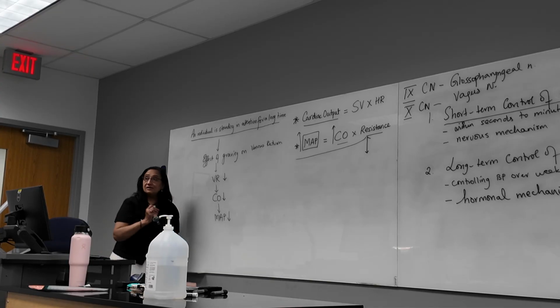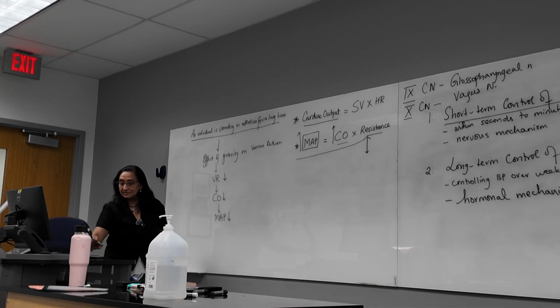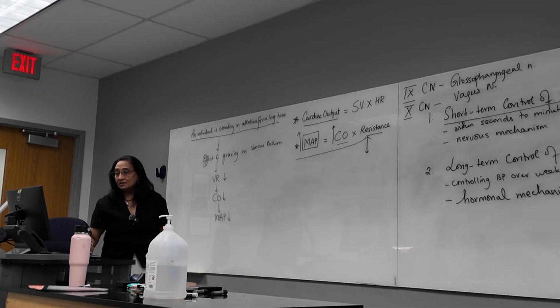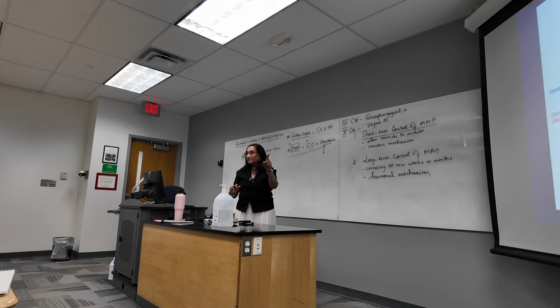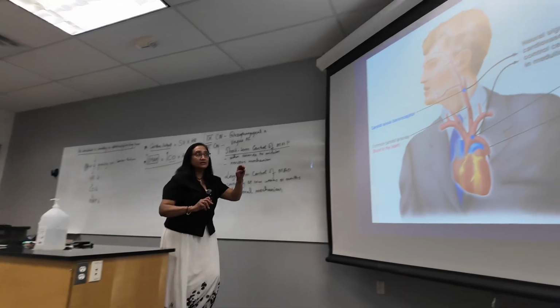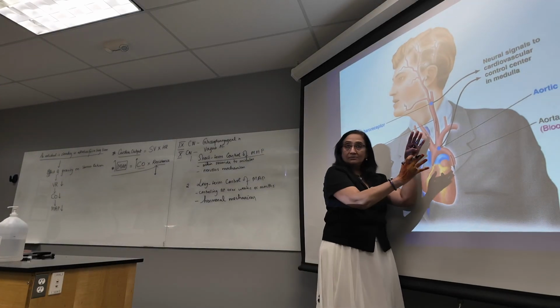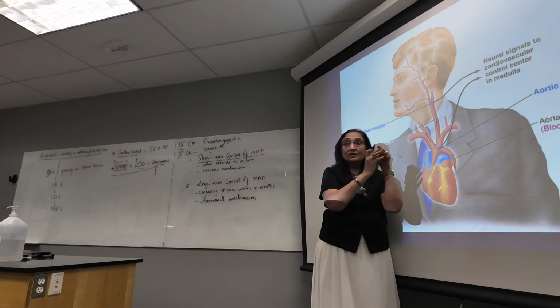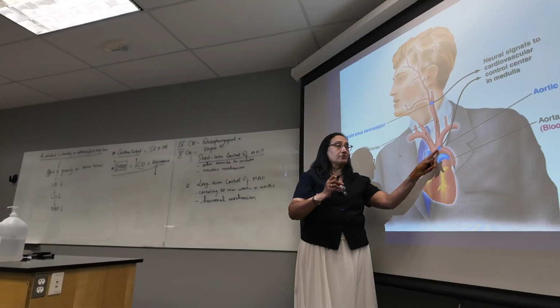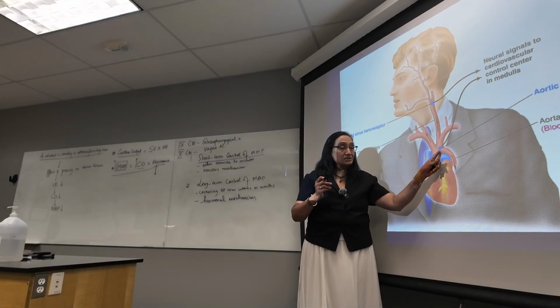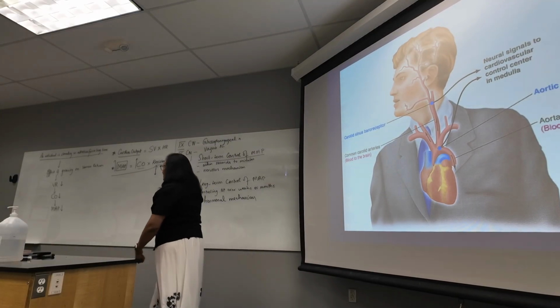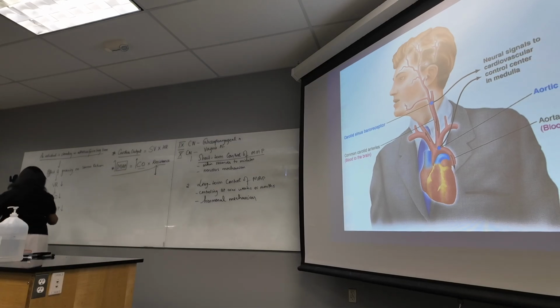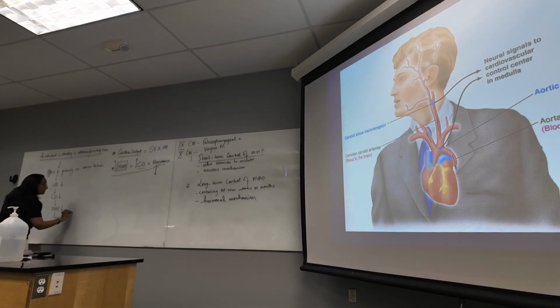Now when the mean arterial pressure decreases, these baroreceptors are going to sense the decrease because they will not be stretched as usual. So because of the reduction in mean arterial pressure, the baroreceptors are going to sense the decrease.